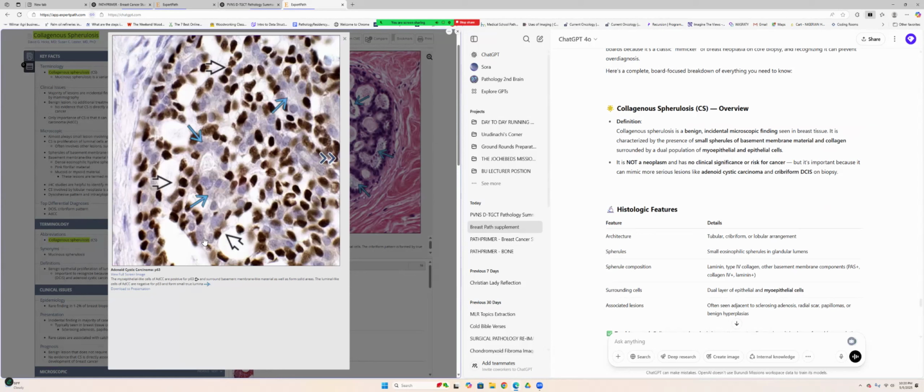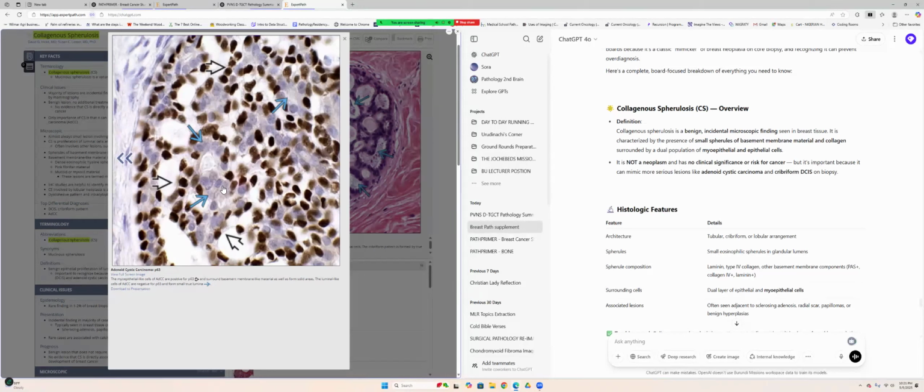In adenoid cystic carcinoma, the myoepithelial-like cells are positive for P63 and surround basement membrane-like material as well as form solid areas. Luminal-like cells of adenoid cystic carcinoma are negative for P63 and form small true lumina.